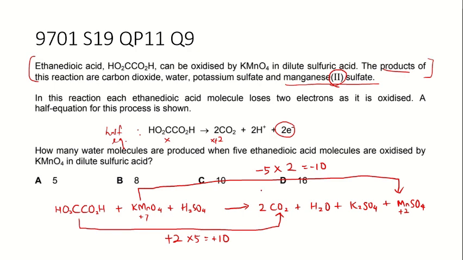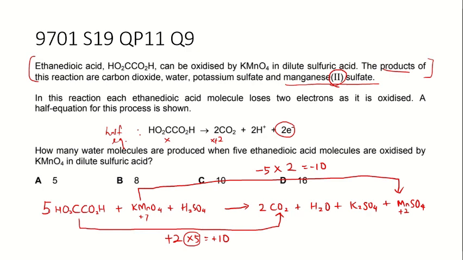So in redox, to balance the equation, the number of electrons transferred, donated and accepted, must be the same. If I multiply this by 5, there's actually a 1 in front here, but we don't always show the 1, so 1 multiplied by 5 is 5.